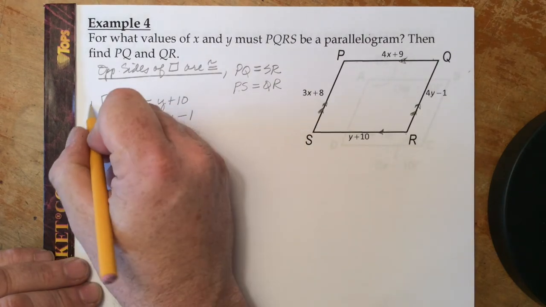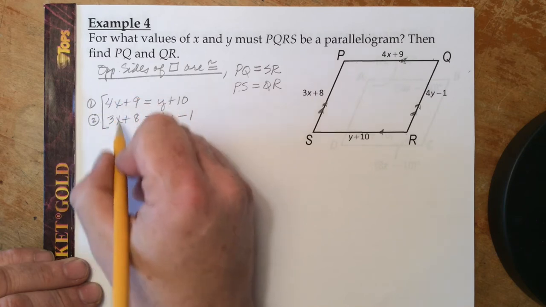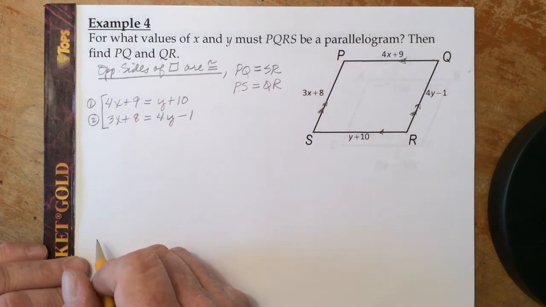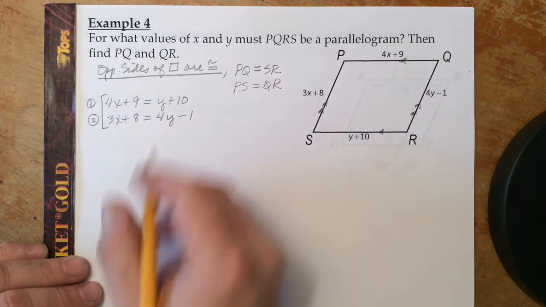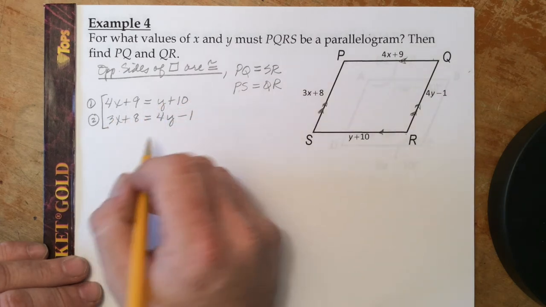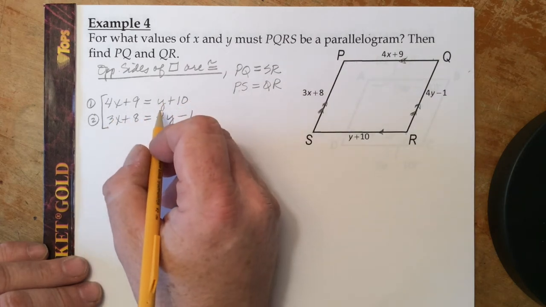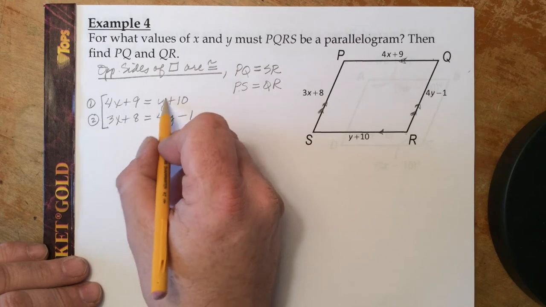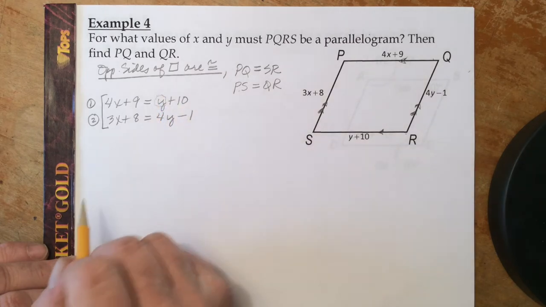So here are our two equations with two unknowns, x and y. Again, using substitution, notice that there is a variable in one of these equations that can be isolated pretty easily, and that's y. It has 1 as a coefficient.